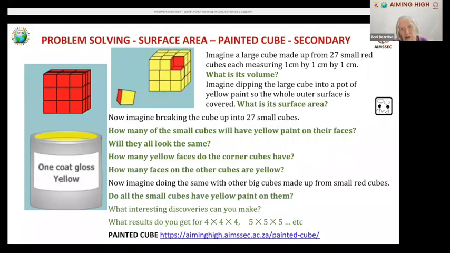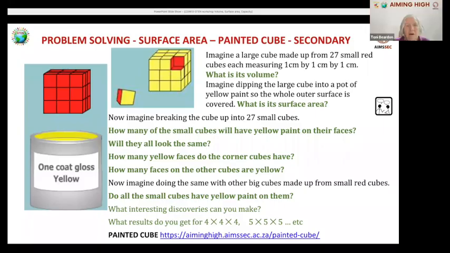So Tejamad has asked you some questions, and maybe you'd like to put the answers. What is the surface area of the outer of the red 3 by 3 by 3 cube was the first question. And probably you also discovered some interesting stuff. What have you discovered?